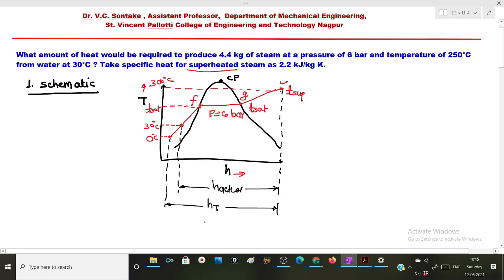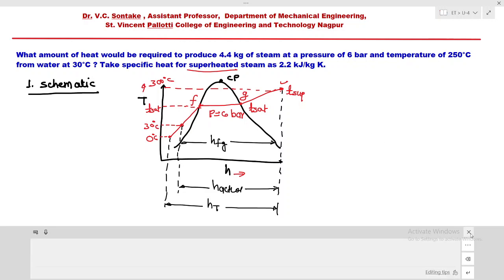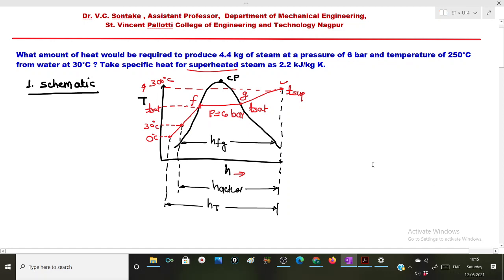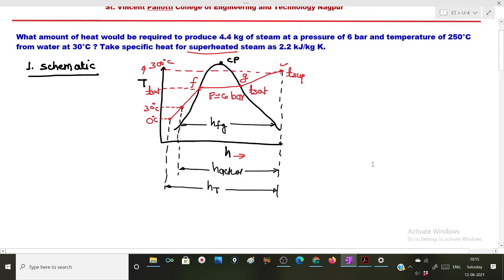Okay, H total, and this heat is called as HFG, latent heat of vaporization. So this way I can represent the condition of the given steam on temperature enthalpy diagram. Okay.